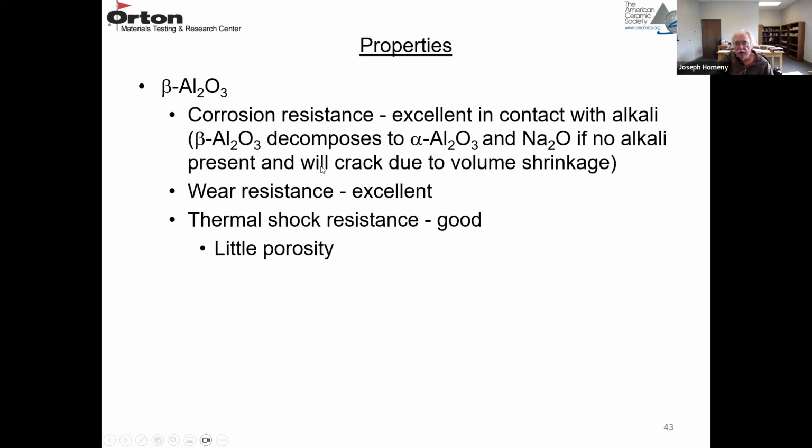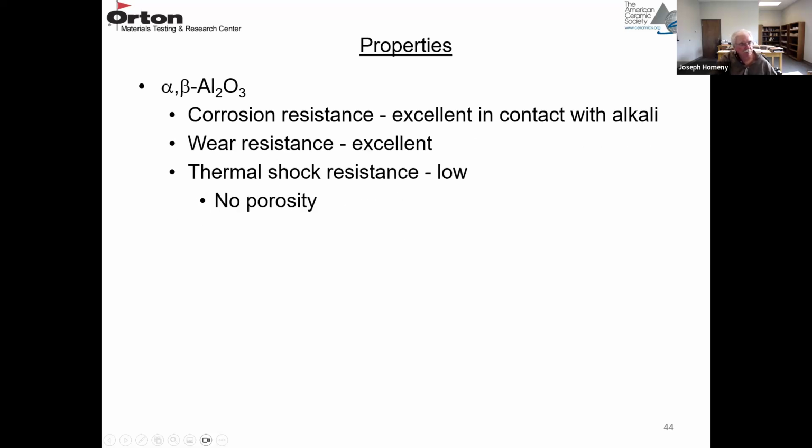So if you're melting a glass that has an alkali in it, this is a good choice, the beta alumina. If there's no alkali present in the glass, it'll diffuse out of the refractory, and that'll cause issues with cracking in the beta alumina refractory. So this one works well with, let's say, glasses that have an alkali present. Good wear resistance, but again, very poor thermal shock resistance.